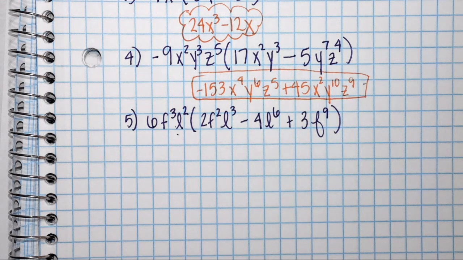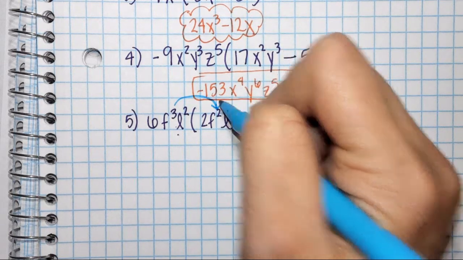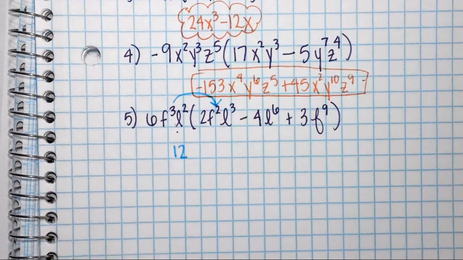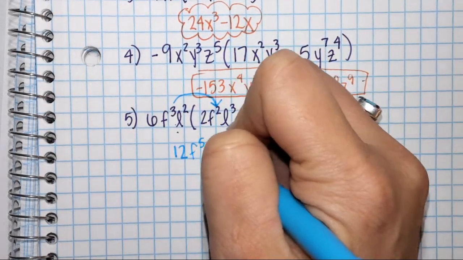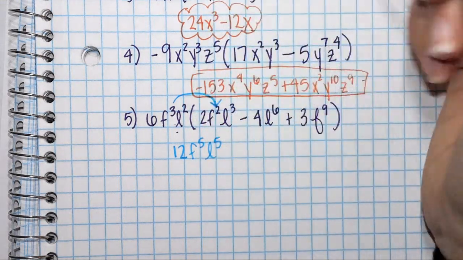Now I still distribute, correct? So that means I'm going to do 6 times 2, which is good. And then F cubed times F squared is F to the 5th. And L squared times L cubed is L to the 5th. Where did I get the 5s from? I added the exponents. Take a point.